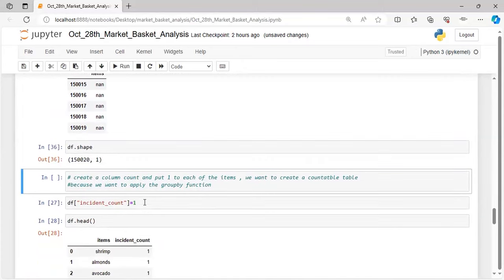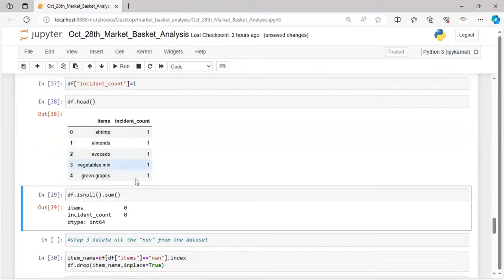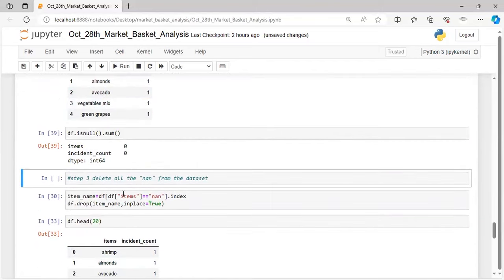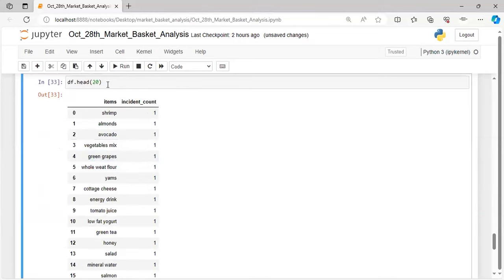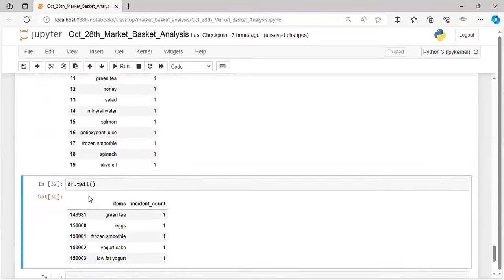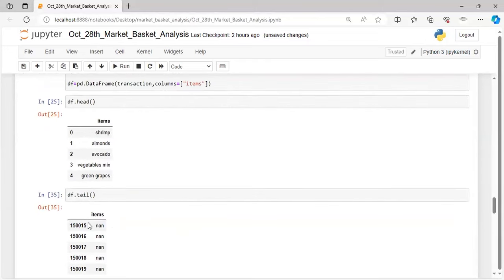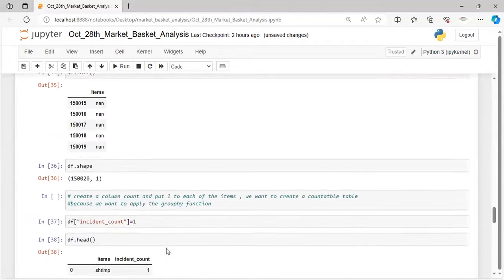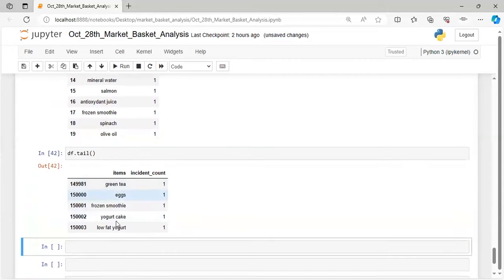Now df.head is all fine. Earlier df.tail had none in the items, but now you will not find null values in the items. We have handled the null values.